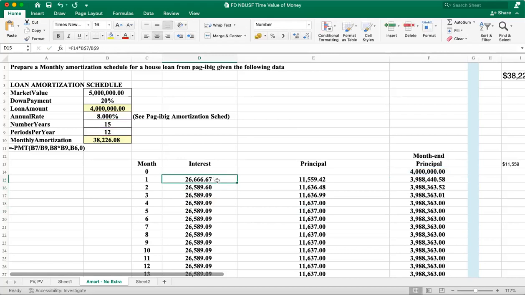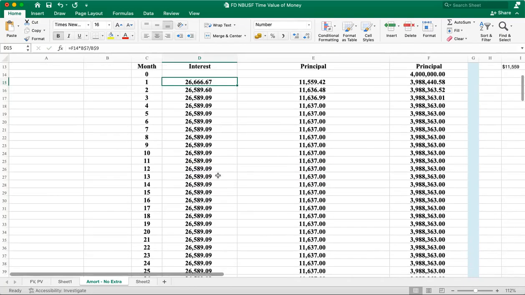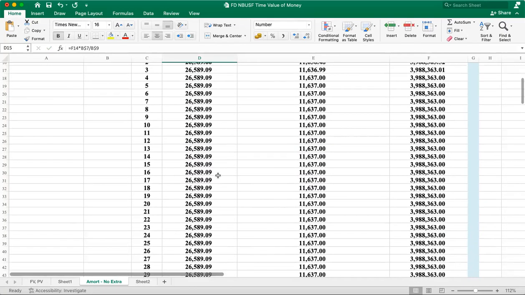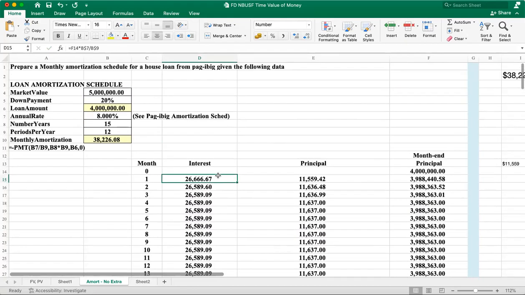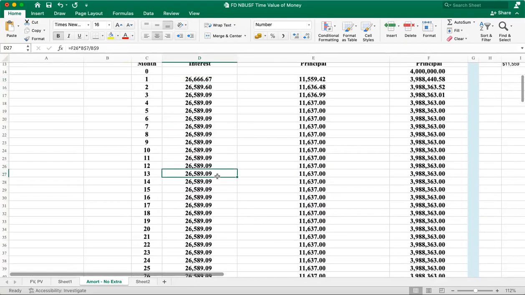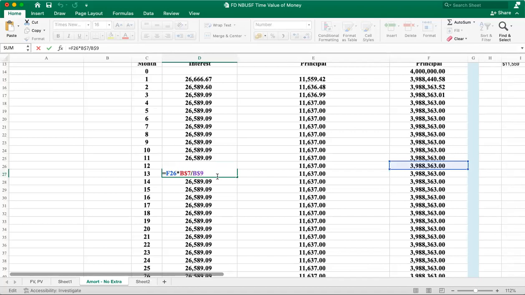So, sige, baba ka pa. Punta ka dyan sa anywhere there, sa row 13. Yan. Double click mo nga. F26, okay. Alright.